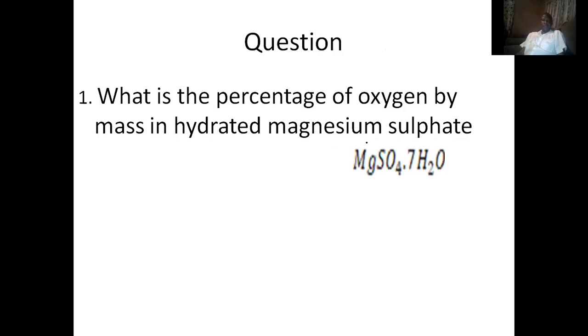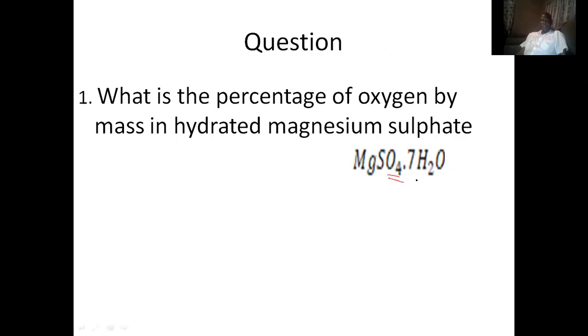Here is a very basic question that we'll go through. What is the percentage of oxygen by mass in hydrated magnesium sulfate? And so we want to see the composition of oxygen. We note that here we have 5 atoms of oxygen.